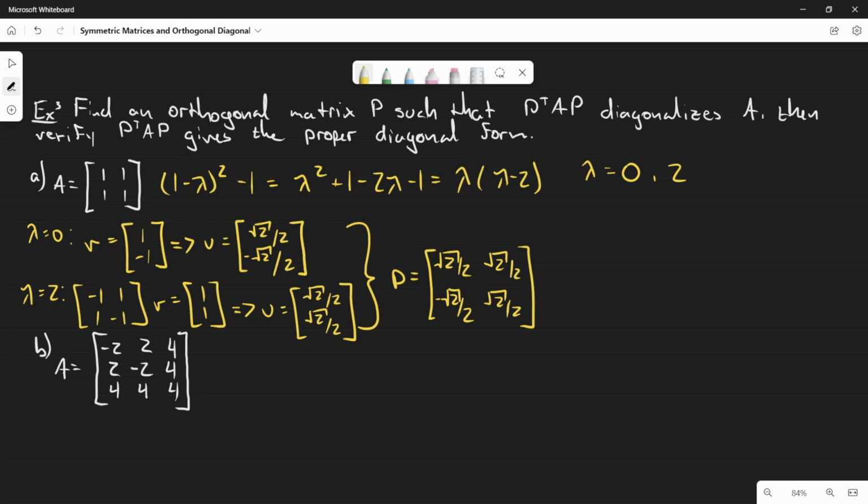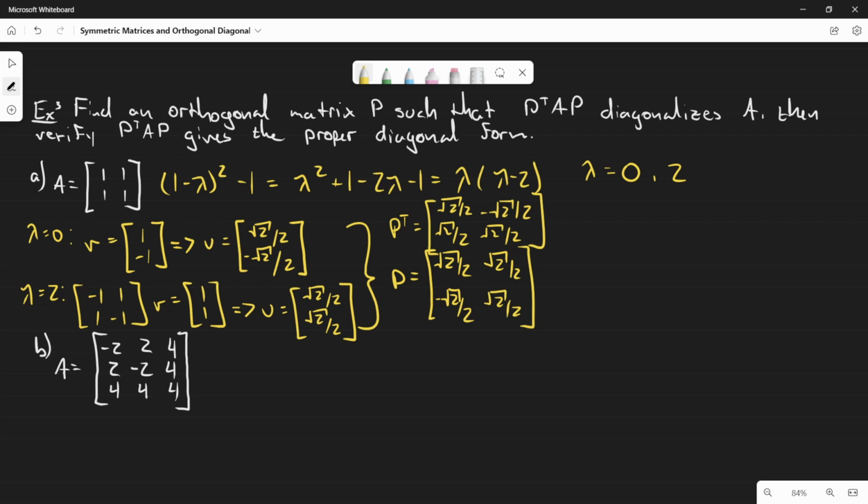So our transpose will be root 2 over 2, root 2 over 2, negative root 2 over 2, and then root 2 over 2.